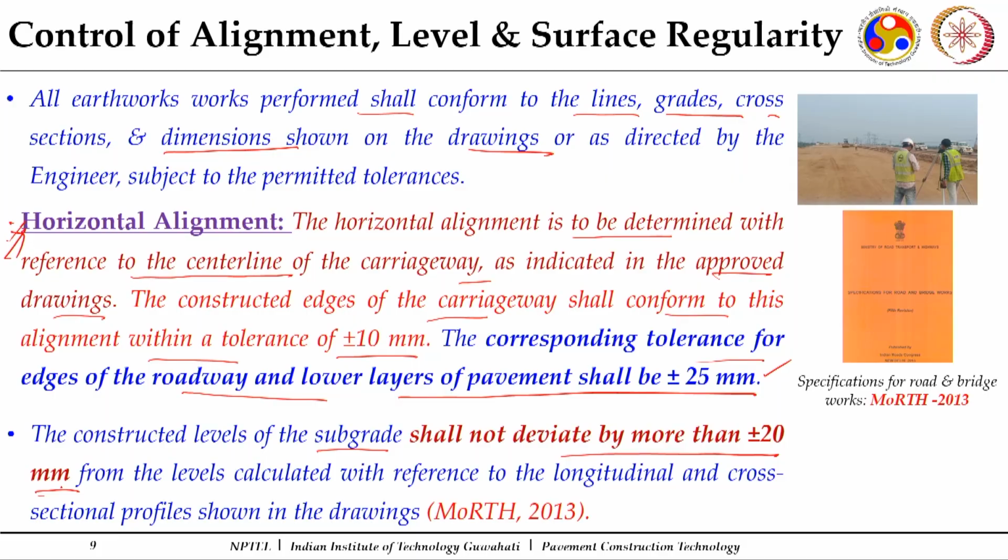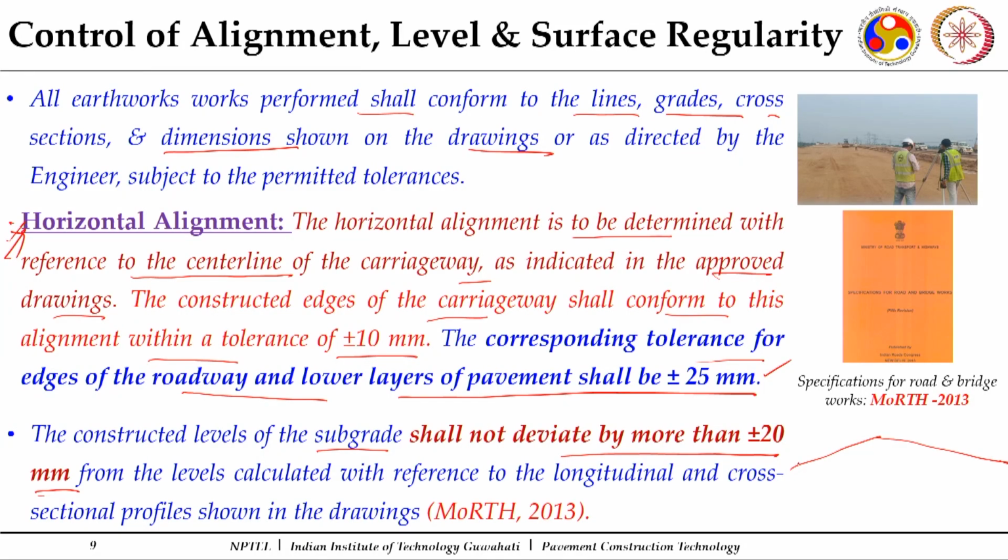As I mentioned, if I calculate the level with respect to the center line, the bottom of my subgrade with respect to the finished road level at the center line, if I keep this, say, 1.2 meter.